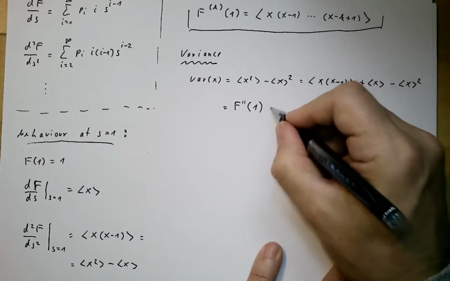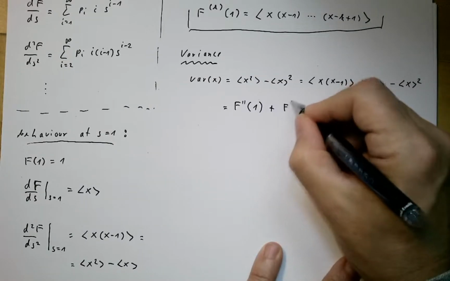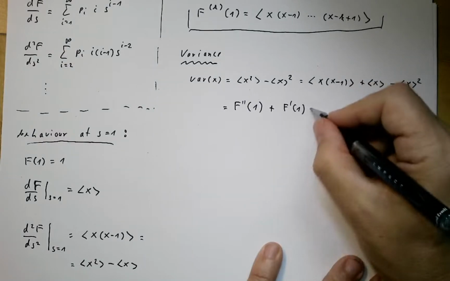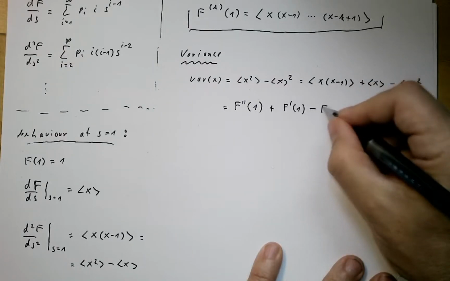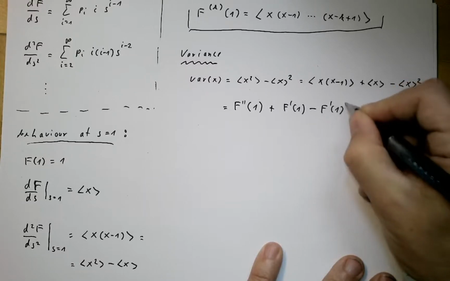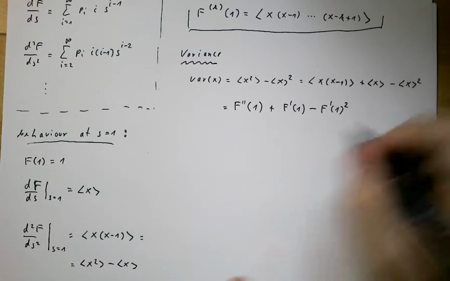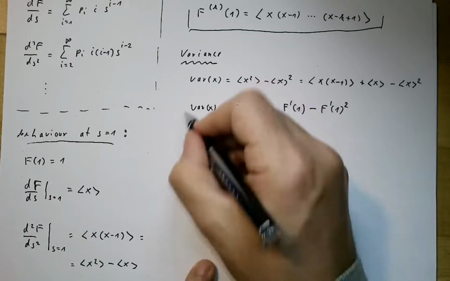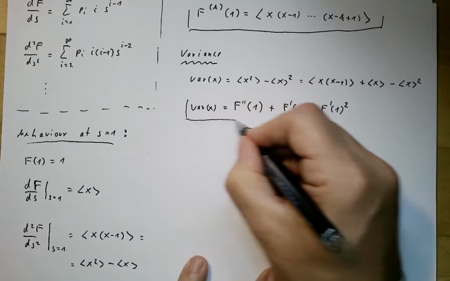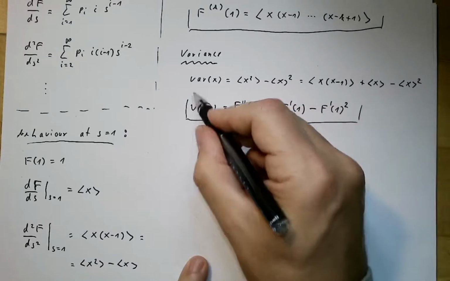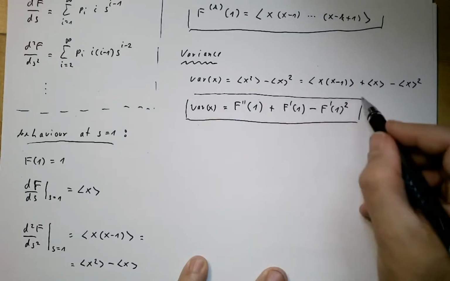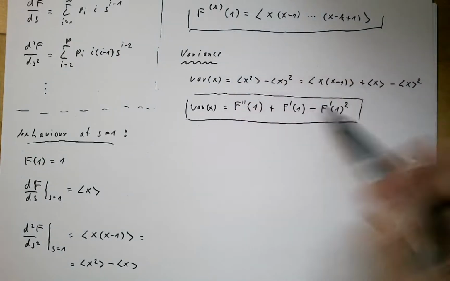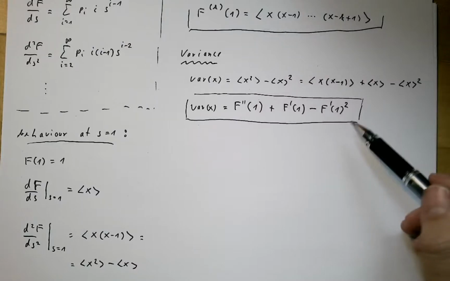This is the first derivative at position 1, and then we have to subtract the first derivative at 1 squared. And this is the variance of x. This formula is important because we very often are not interested in general moments but in the variance, and then we have this formula here.